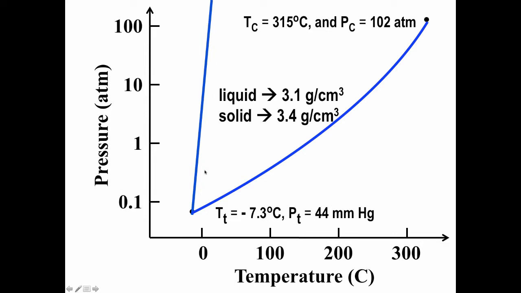And notice that if we were to go from liquid to solid by increasing the pressure, we would compress the solid and have a smaller volume for a given mass, so it would be expected to have a larger density. So that's what happens, and that's the reason for the positively sloping solid-liquid equilibrium line.